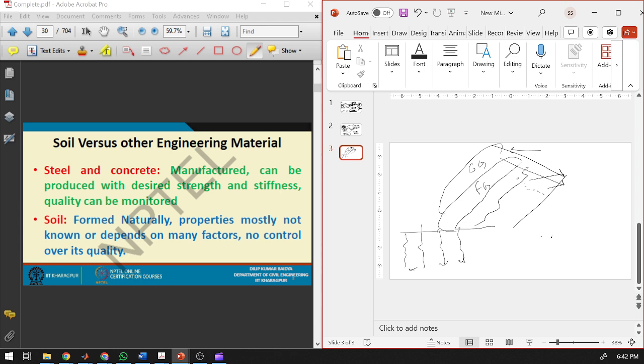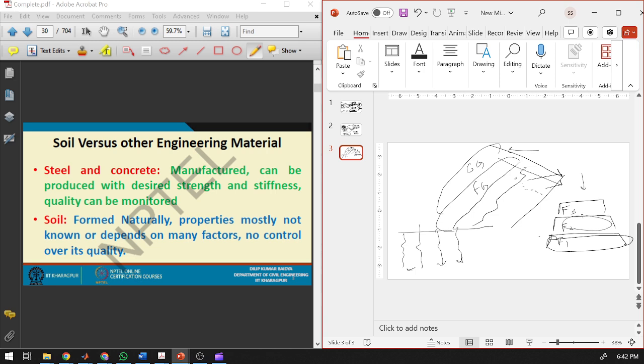formation of, let's say, even a man-made embankment. When I'm making an embankment, first I'm taking one layer and compacting it, let's say with force 1. Then I'm taking another and compacting it, let's say with force 2. Then I'm taking another layer and compacting it with force 3. As you can see, more and more compactive effort is being delegated to this layer as compared to this, as compared to this.